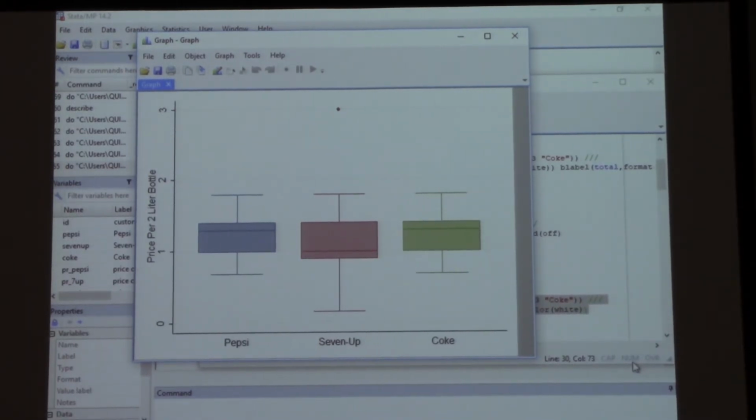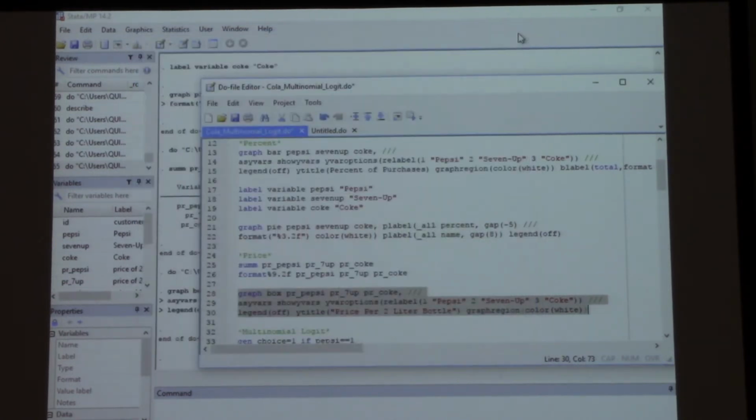So it looks like the distribution of prices isn't all that great, but it looks like, again, Pepsi's the most, now it's Coke, and 7-Up looks like at least the median prices are relatively cheap. But they all look pretty closely priced.